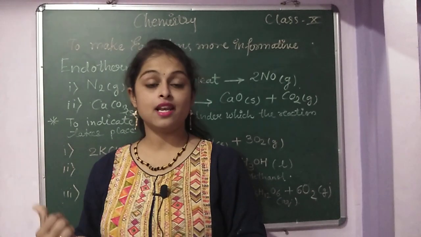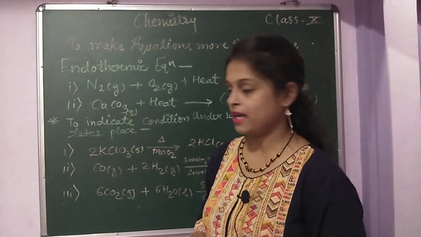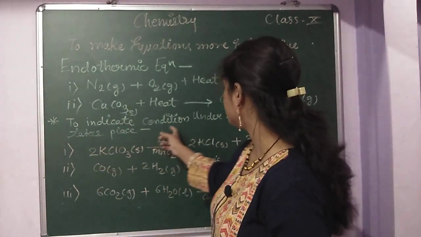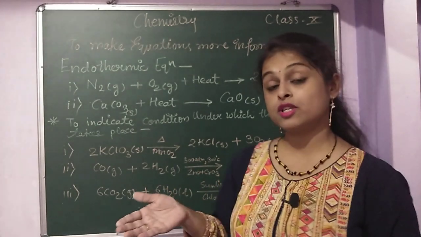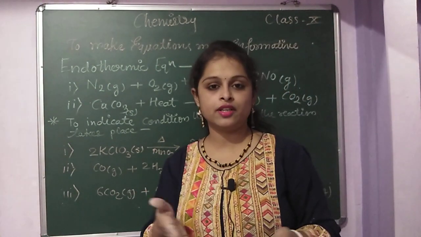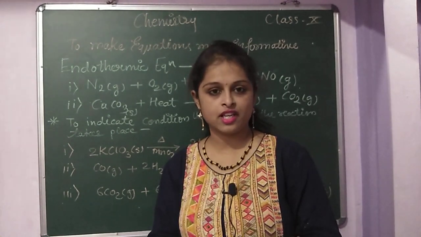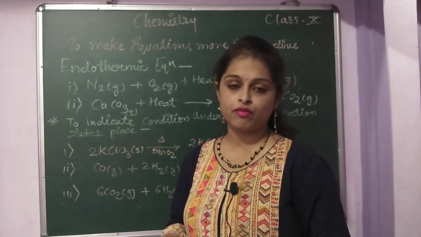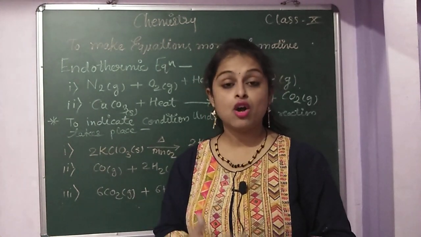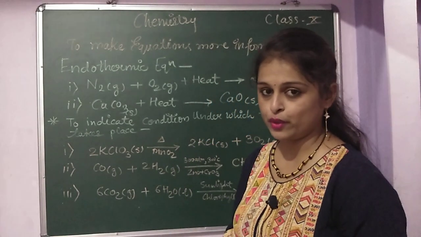Understood? There is a last informative thing we are going to study about the balanced equation, that is, to indicate the condition under which the reaction takes place. Whether we provided heat, whether it undergoes distillation, whether it undergoes sublimation, whether we are providing temperature to it, all these conditions in which the reaction takes place, that we are going to study.